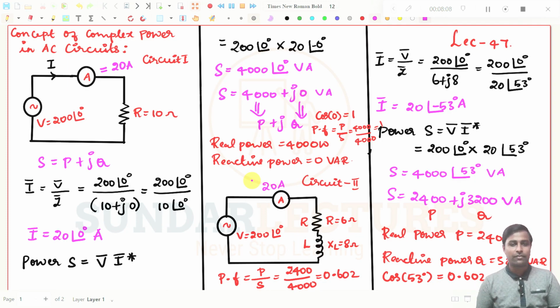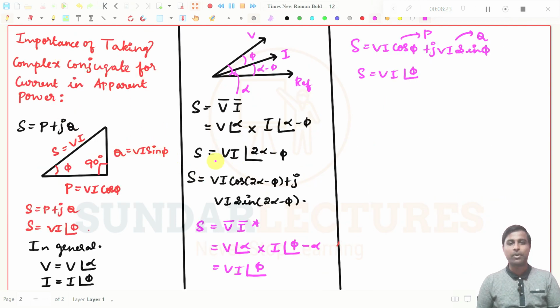And while finding the apparent power or complex power in an AC circuit, we take the complex conjugate for current phasors, and we have seen with an example why we need to take the complex conjugate for current phasors in the complex power.